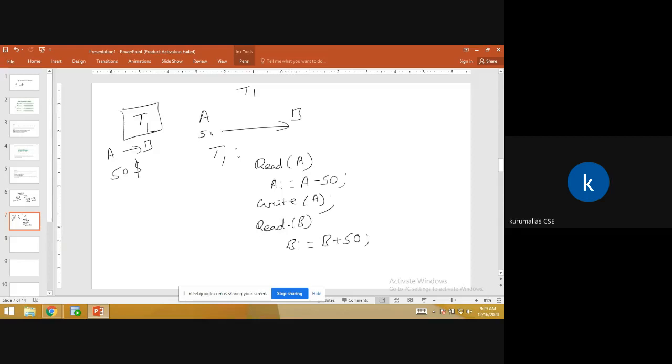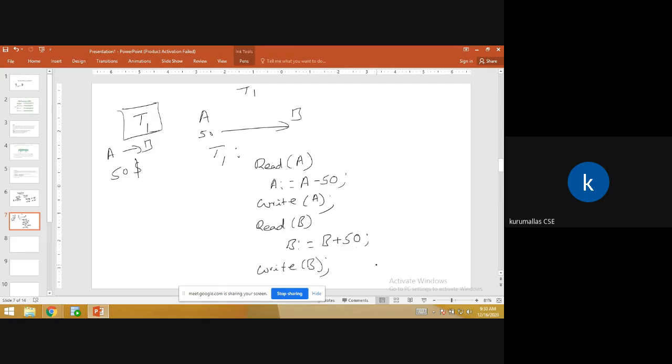Even if there is no amount inside that account, no problem, because we are crediting some amount from another account to B. We add $50 to account B, and after this, write of B. This is one transaction representation in the database, while transferring $50 from account A to account B.